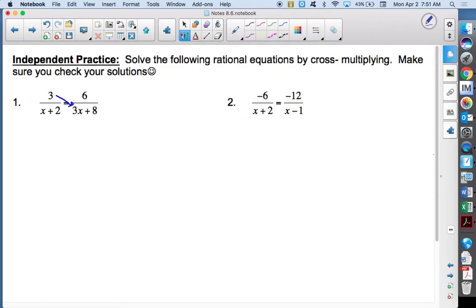Again, make sure you're cross multiplying. I'm just going to start these two and then I'll give you the solution.